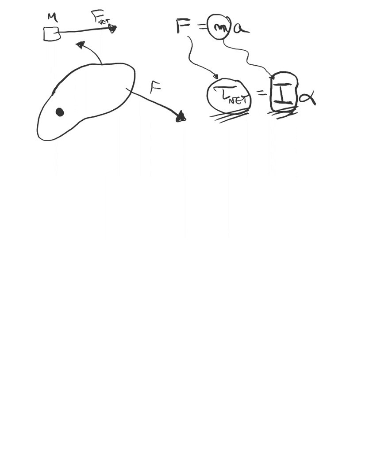Now I'm on slide number 3 in my lecture slides, and on this slide I have some sort of object that looks like a rod. There are a number of forces applied to this rod.